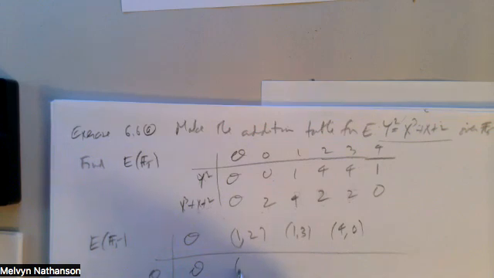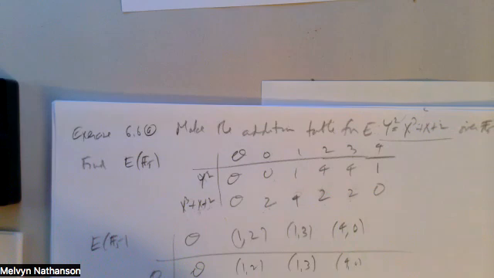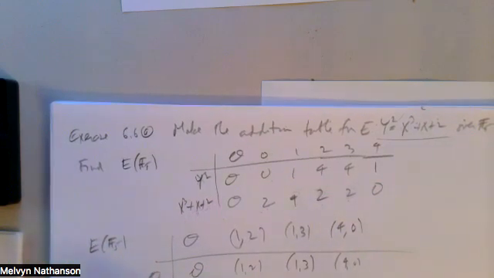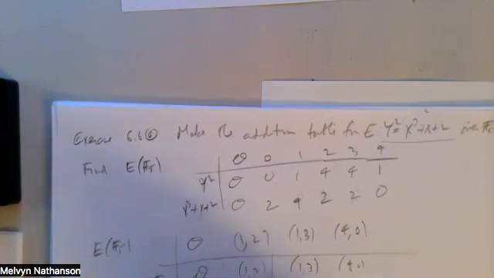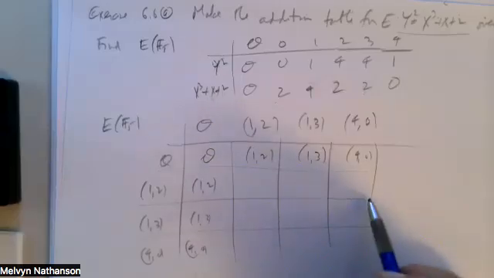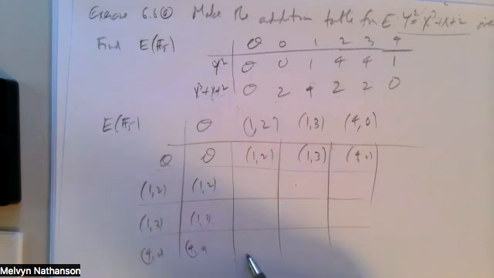So this is the point at infinity, (1,2), (1,3), (4,0), and the same across the top. It looks like we just have to calculate 9 different numbers, but of course addition is commutative. So this equals this, this equals this, this equals this. We just have to calculate these 6 numbers and then we can fill in the rest of the table.